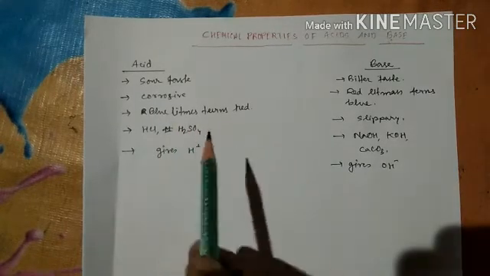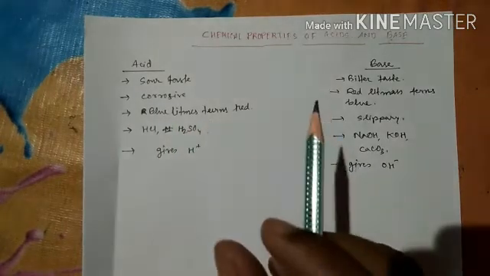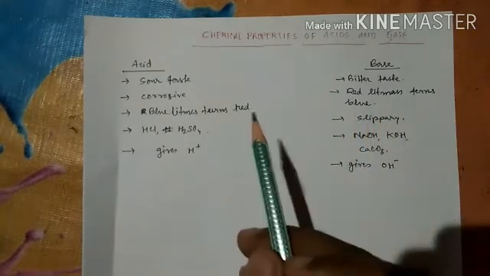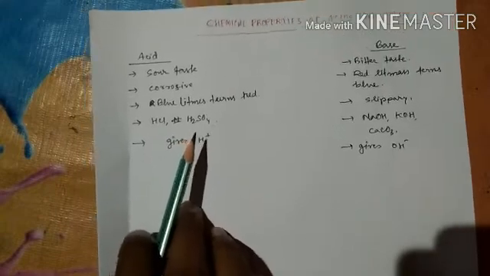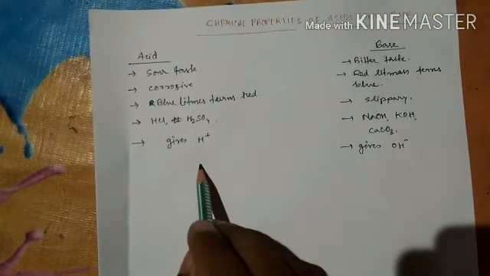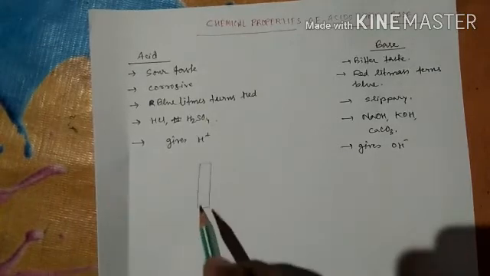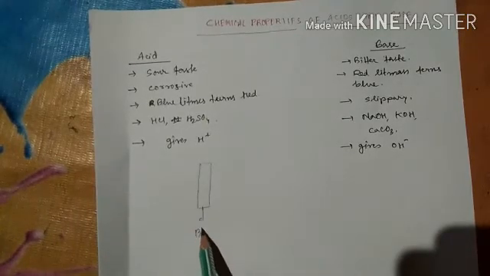Now see, litmus paper is of two types. One is blue litmus, one is red litmus. So this one is litmus paper, okay? Suppose this one is blue litmus paper.